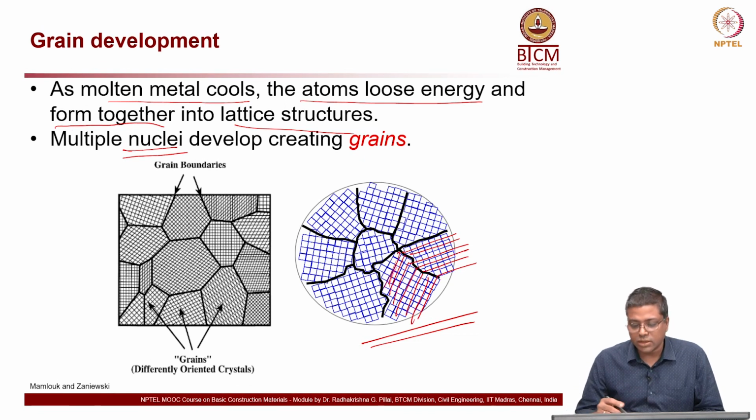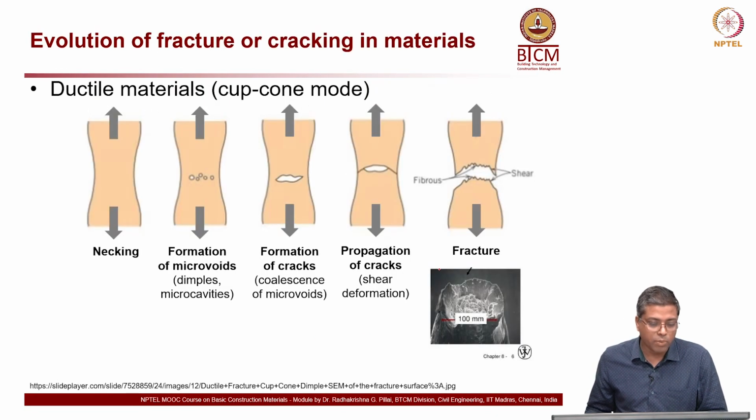So, definitely there is a difference in the alignment, and that is what causes the grain boundaries to form. Now, let us think about the effect of these grain boundaries on the cracking or fracturing of materials or deformation of materials.